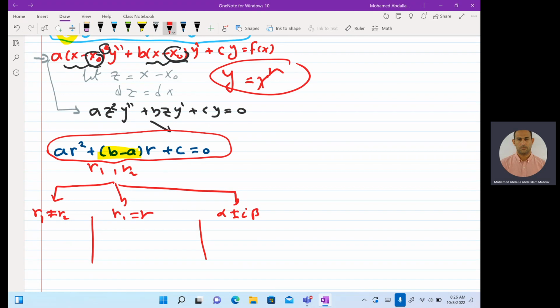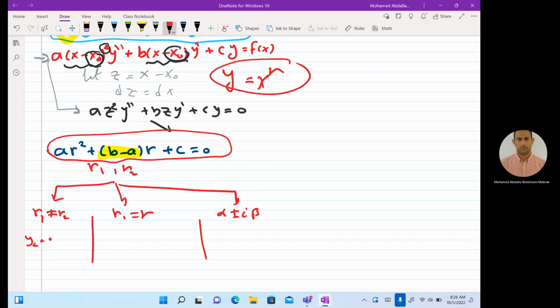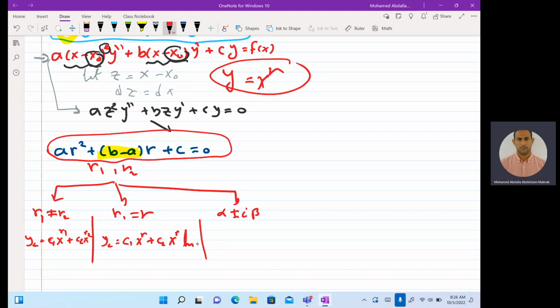And then they generated this characteristic equation. Well, okay, so here the YC will be C1 x to the power R1 plus C2 x to the power R2. Here YC will be C1 x to the power R plus C2 x to the power R, and we multiply by ln x.